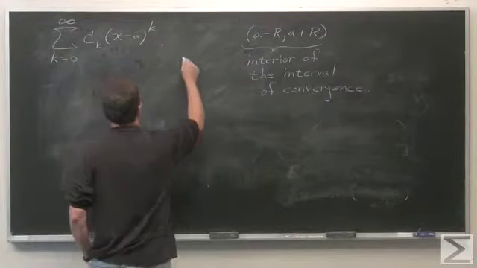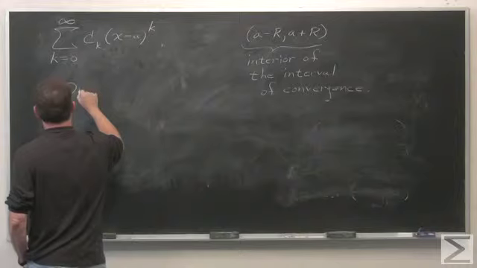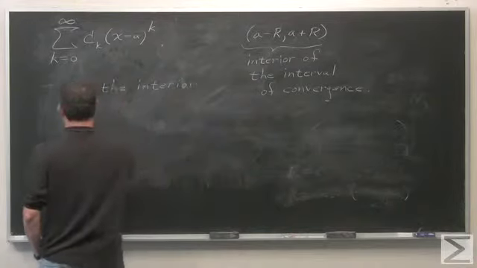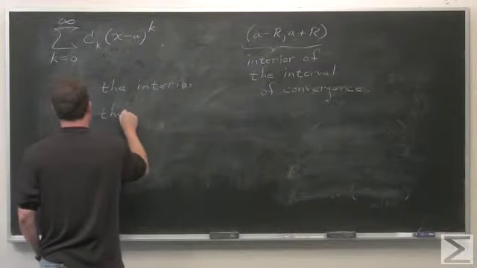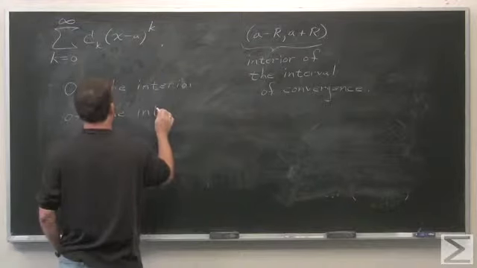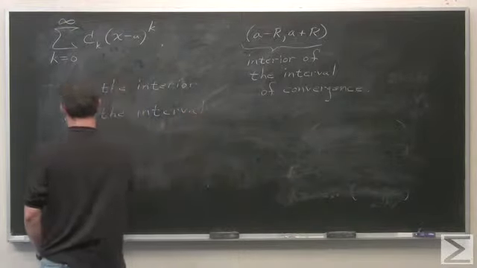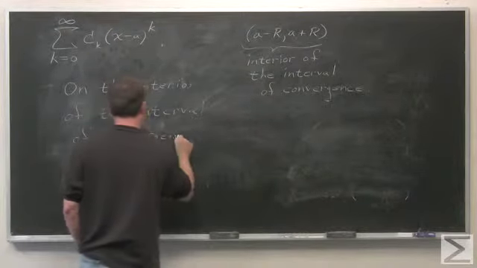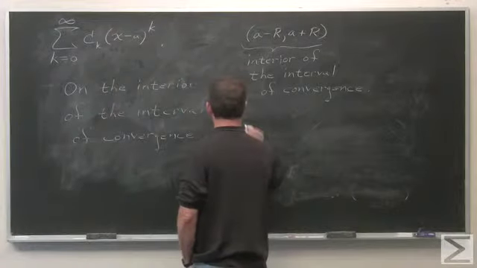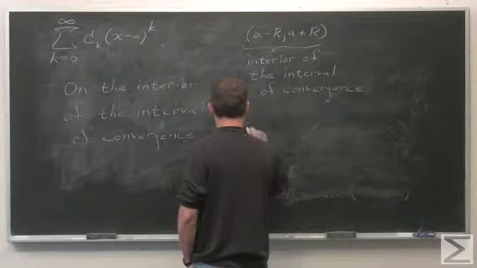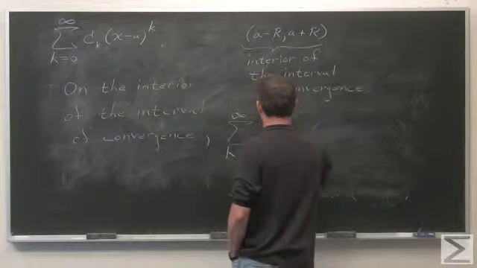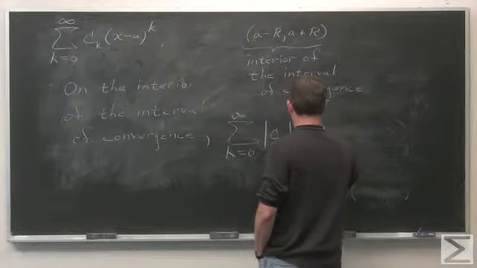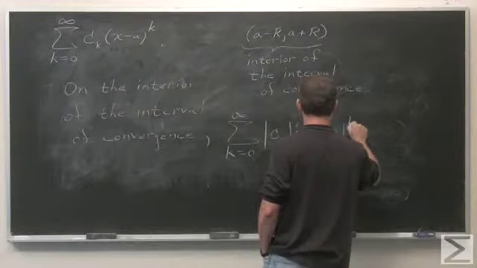So on the interior of the interval of convergence, if you put absolute value signs around the terms, you take the sum as k goes from 0 to infinity of the absolute value of the product, and the product of absolute values is the absolute value of the product, so we can take the absolute value of the coefficients times the absolute values of this.